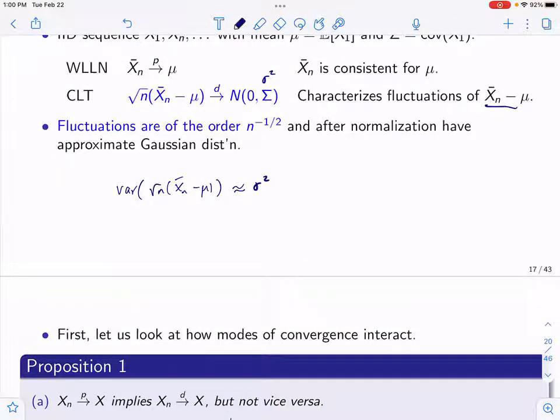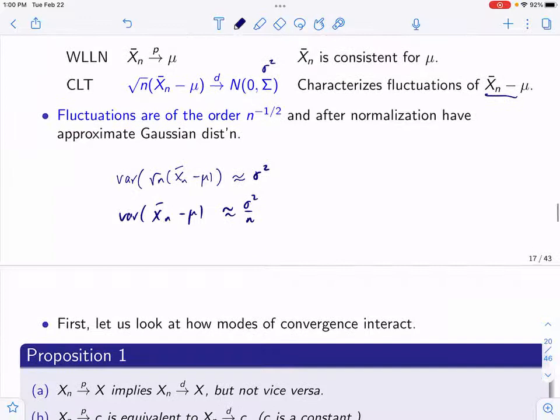I can move n to the other side: the variance of x bar n minus mu is roughly sigma squared over n, which you already know is actually exactly true for the sample mean.